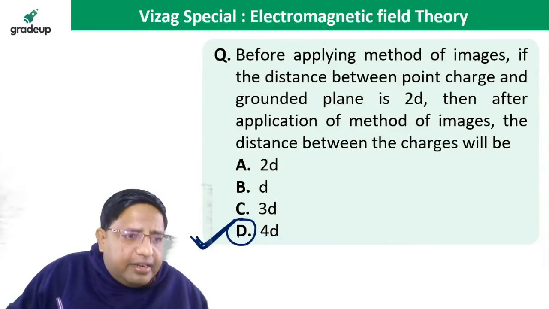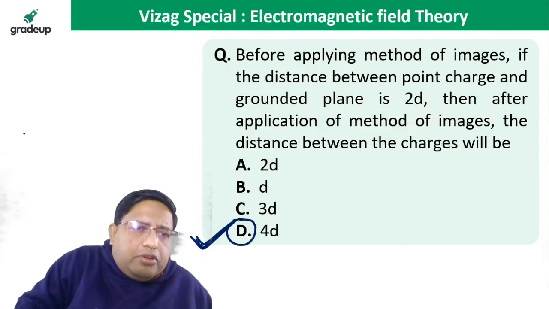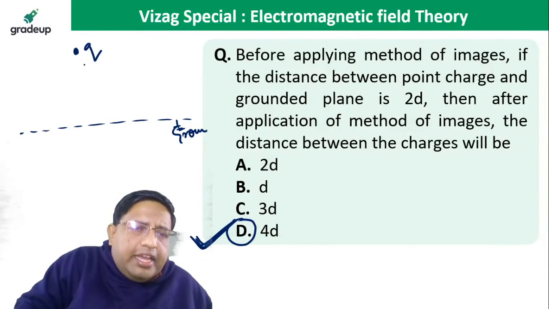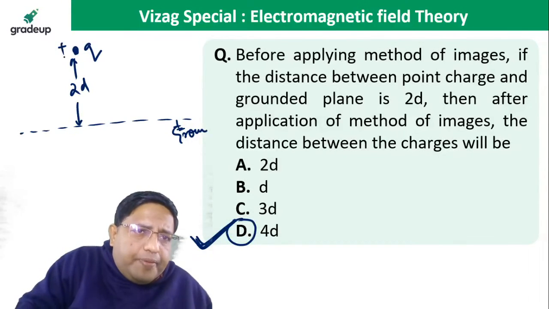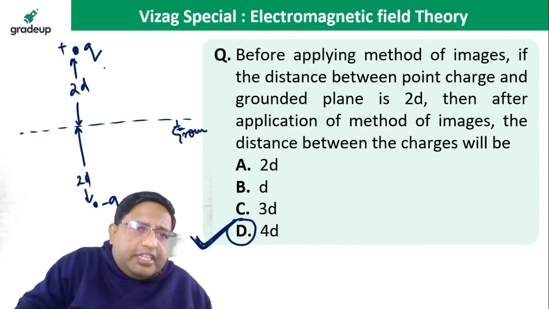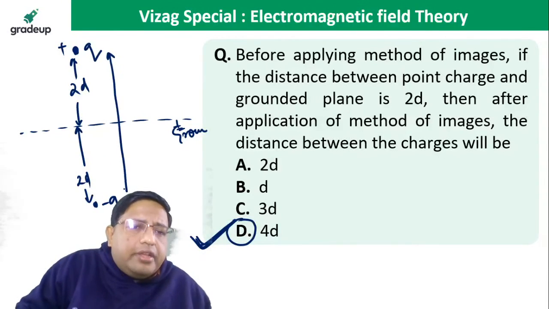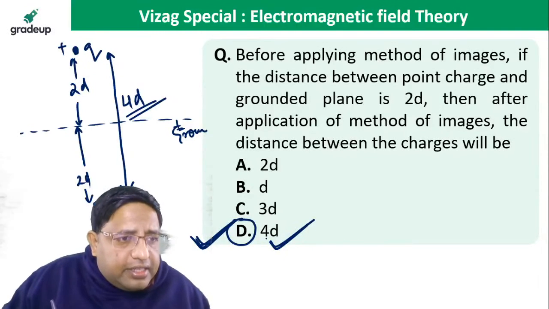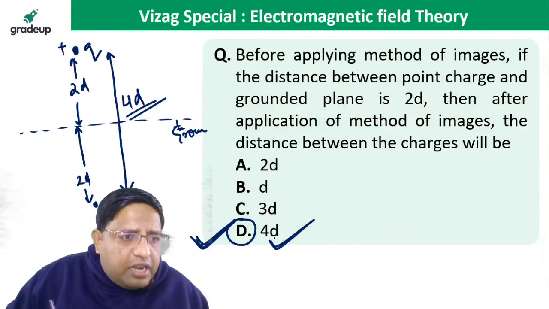Because if there is a ground and a charge is placed 2D above the ground, then in the method of images, below the ground at 2D there is a charge minus Q. So the distance between the Q and minus Q is 4D. Option D is the correct answer, 4D.